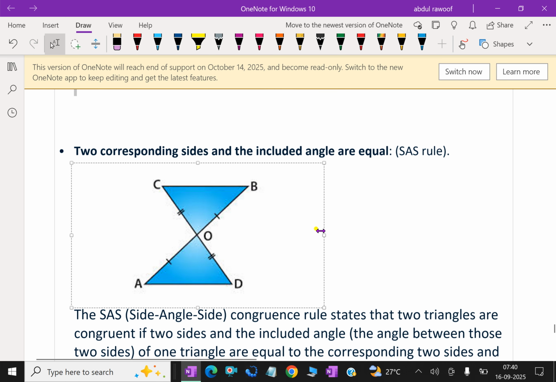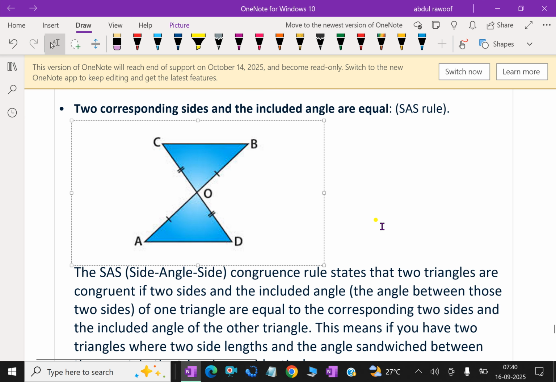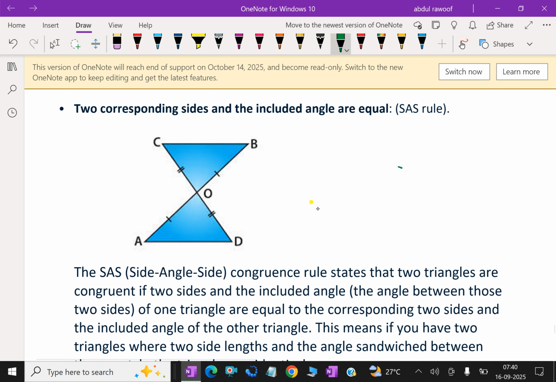Next, look at this. Two corresponding sides and the included angle are equal. This is called the SAS rule. Look at this. Here, OB is equal to OA, OC equals OD, and the included angle BOC equals AOD. These are congruent.